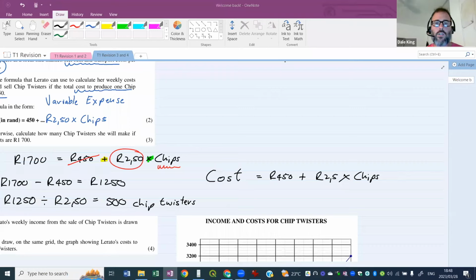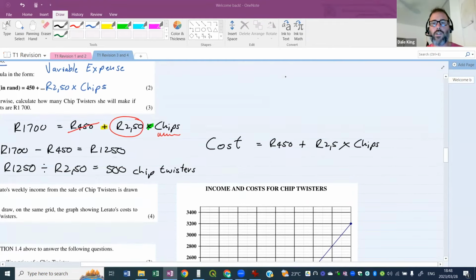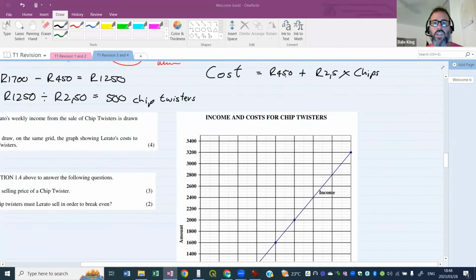Sabulu, you're very close. So the 2 Rand 50, we'll have to multiply it by number of chips. But if she sells no chips, you're going to say 250 times 0. All right. So if we look at the graph down here and we want to look at 0 chips, there you go, Lucidi.